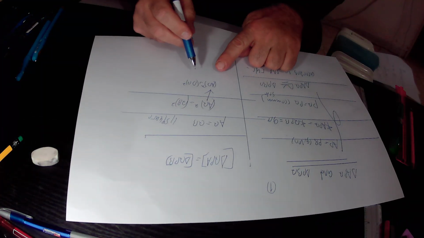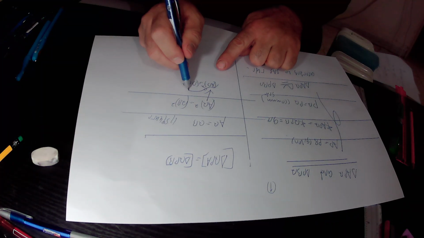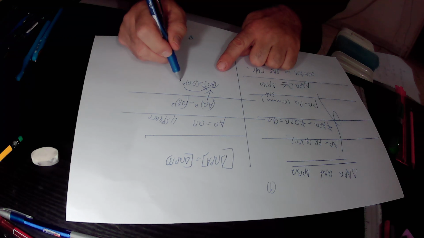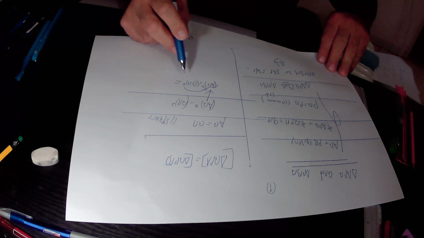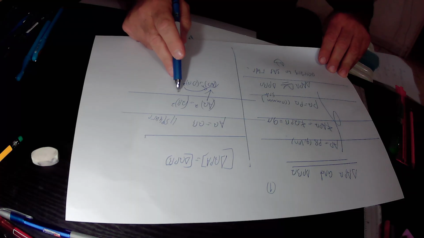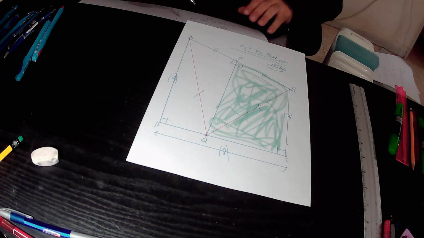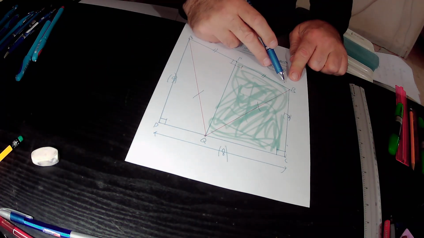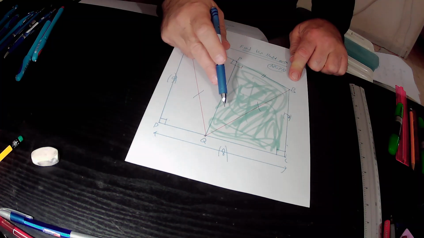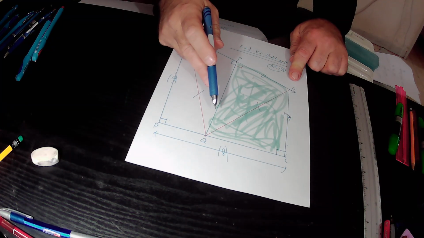But again, AQ square equals AD square plus DQ square according to the Pythagoras theorem, and this equals QB square. QB or BQ is the hypotenuse of this shaded right triangle BQC.